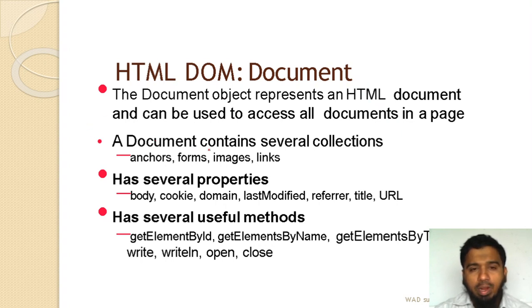A document contains several collections like anchors, forms, images, links, and has several properties like body, cookie, domain, last modified, referrer, title, URL. These are all the properties, and it has several useful methods like getElementById. This is very important. getElementsByName, getElementsByTagName.